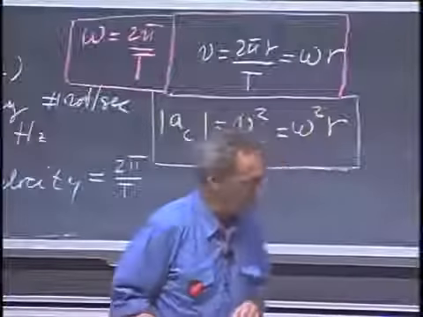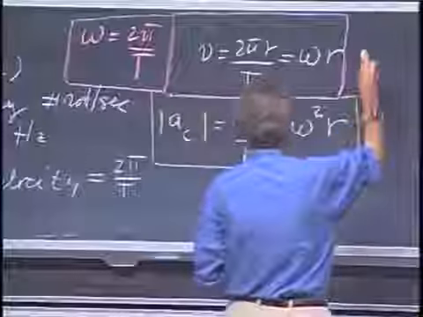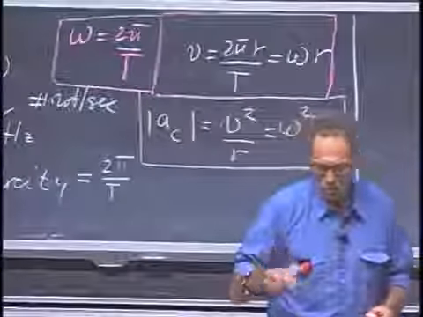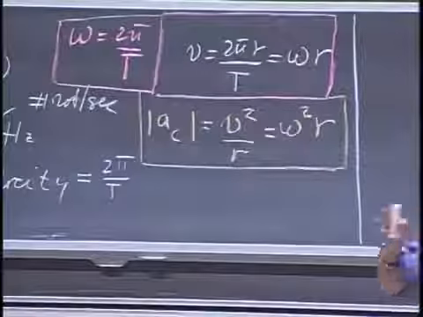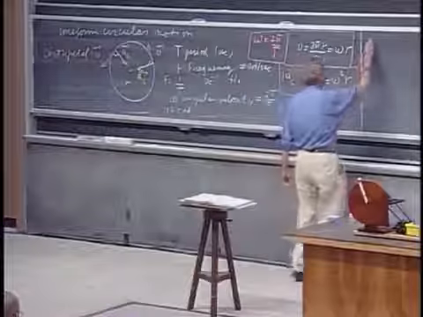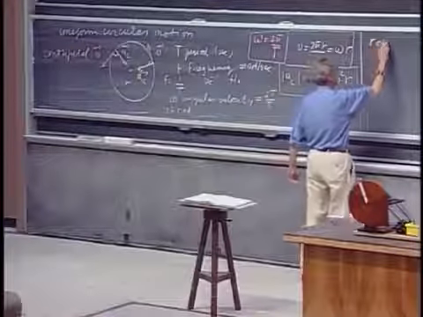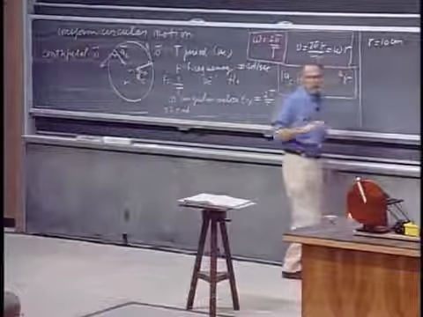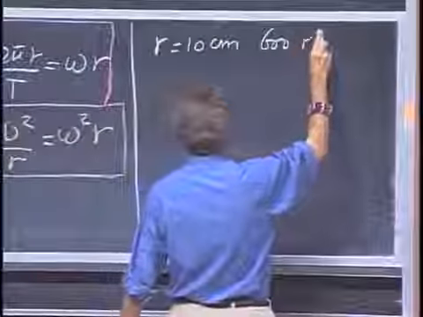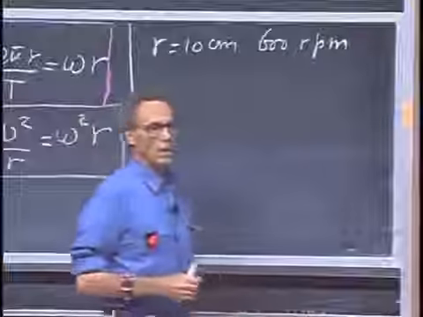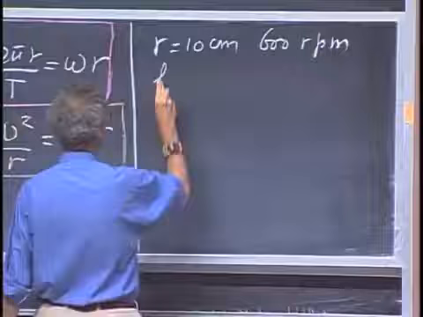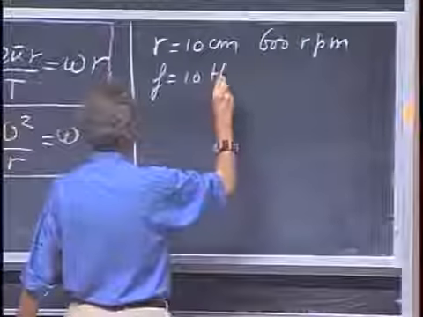We can have a simple example. Let's have a vacuum cleaner, which has a rotor inside, which scoops the air out or in, whichever way you look at it. Let's assume that the scoops have a radius r of about 10 centimeters, and that it goes around 600 revolutions per minute, 600 RPM. 600 RPM would translate into a frequency f of 10 hertz.